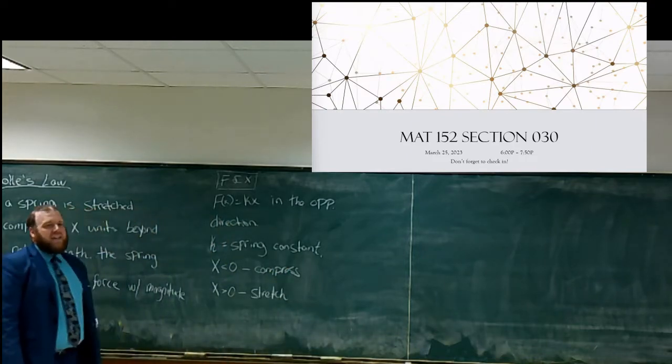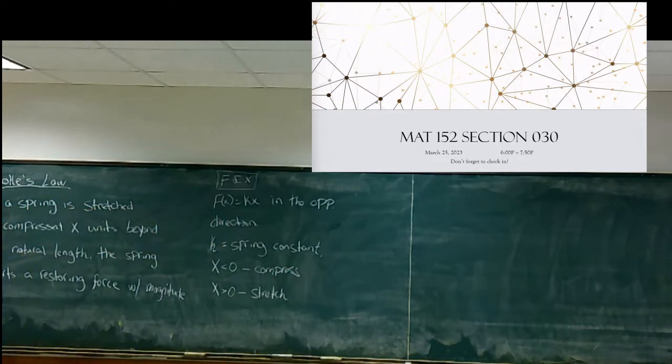By convention, we take compression to be negative direction. We take stretching to be the positive direction. We would take 0 to be its natural length, and so that would be the position at equilibrium.